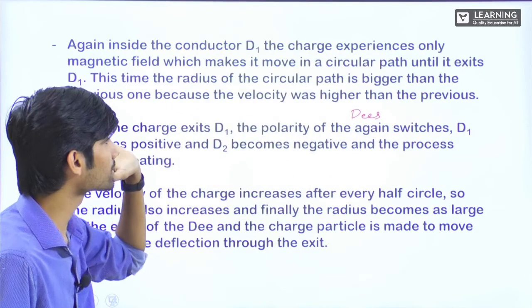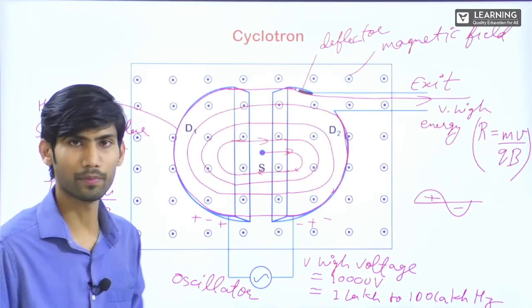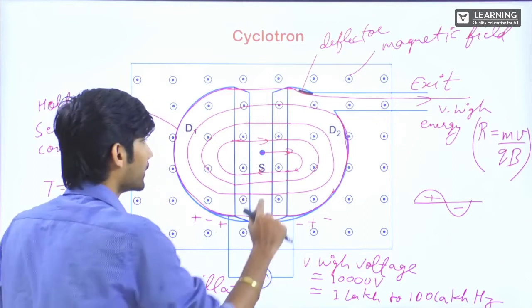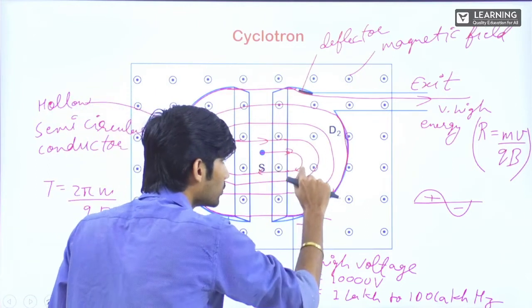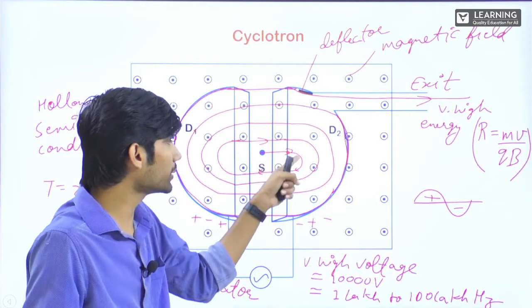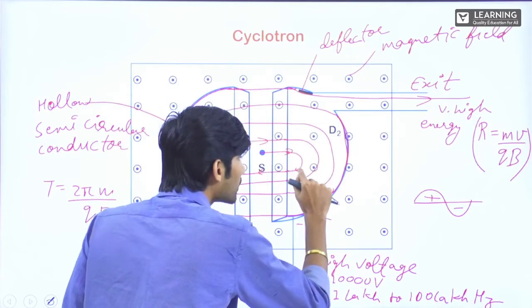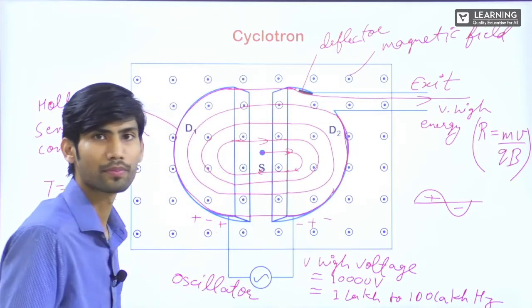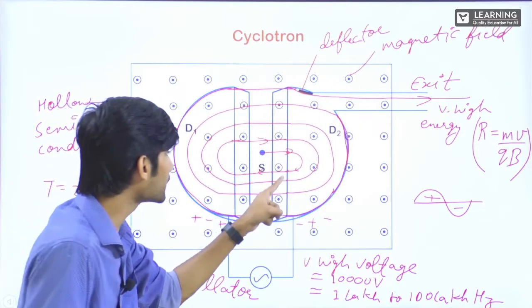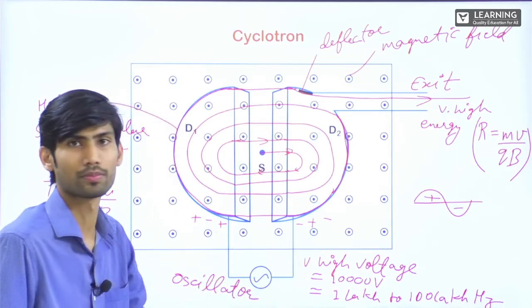Let me explain you once again. See here, in one time period, this particular charge will do a complete circle. That's how the time period is. But here it is only doing half circle. That means in half time period, this particular charge will come out. In half time period, this charge will come out. And in that half time period, this polarity should change.